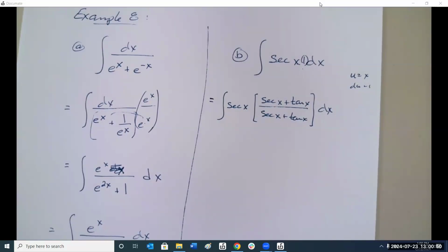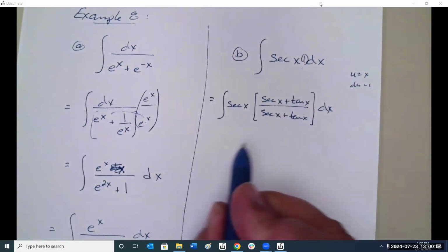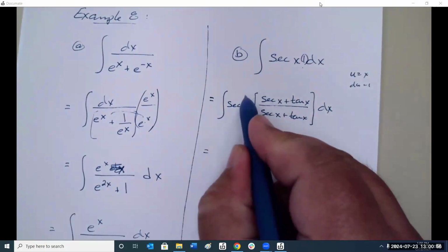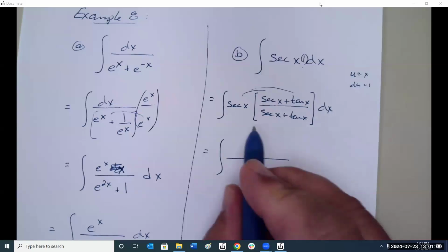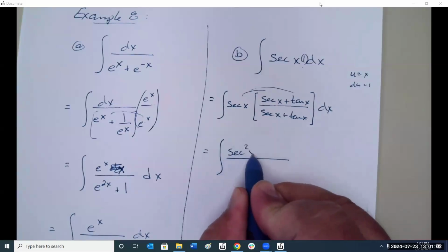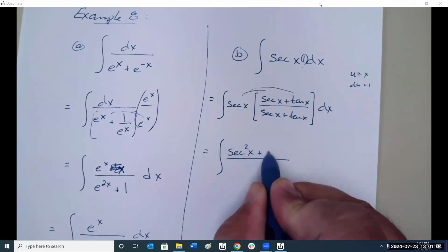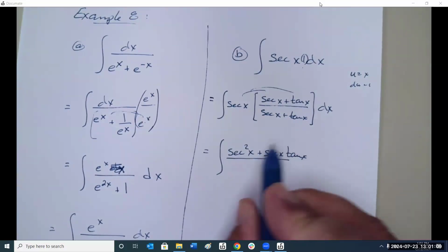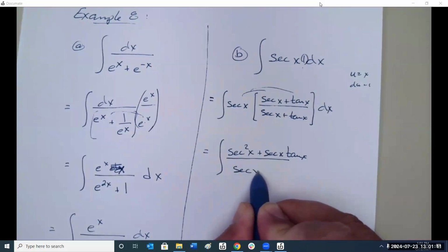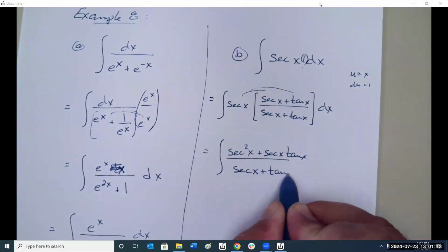The reason for that is, now when we distribute that secant squared, what do we get? We'll get secant squared x plus secant x tangent x over secant x plus tangent x.